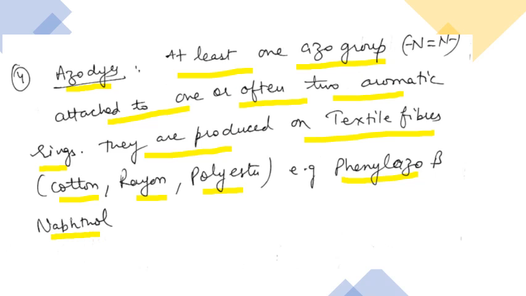The azo group goes on directly attaching to the fiber which has the azo dyes, and if it has the cationic group, it also acts as a basic dye.